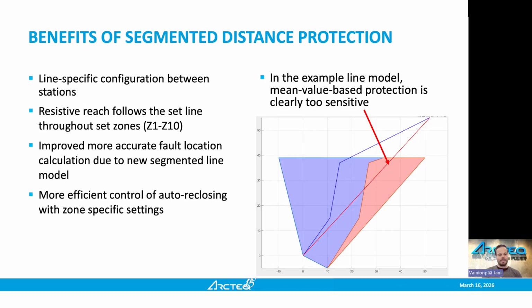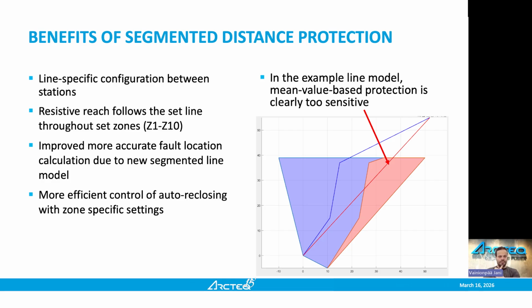And a few words as a summary about the benefits. So basically, once again, we got line-specific configuration between stations. And the resistive reach can follow all the set protected distance zones, all the way from zone 1 to zone 10.